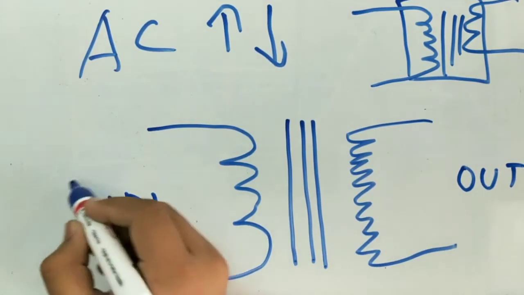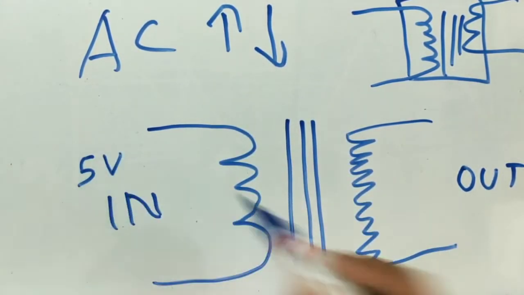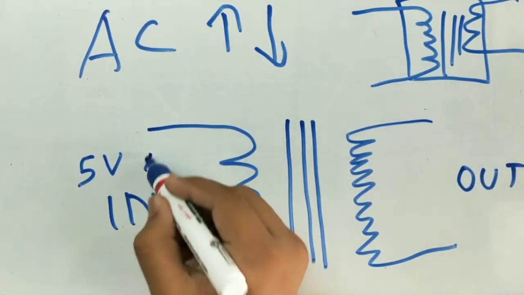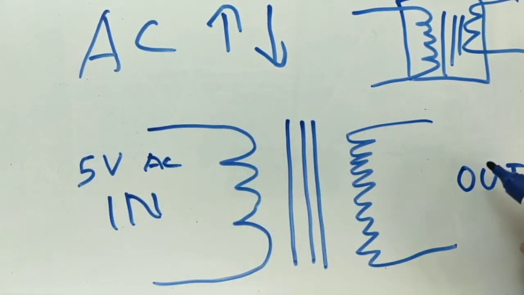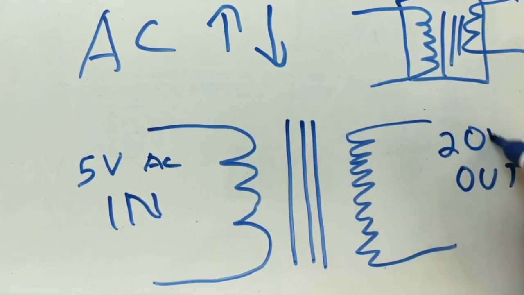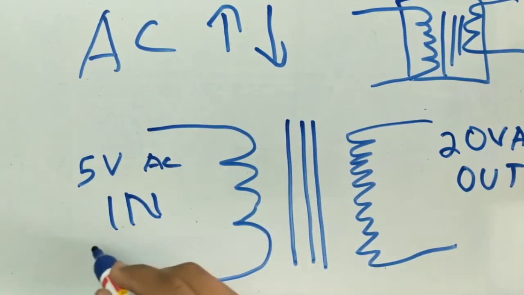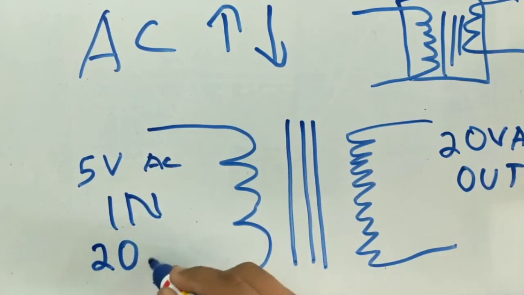It's just an example. If we apply 5 volt AC here, it could give us an output of, let's take, 20 volt AC, and here I am inputting 20 amperes of current, amps.